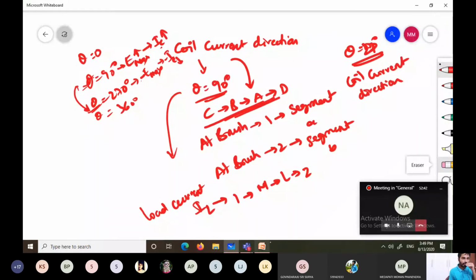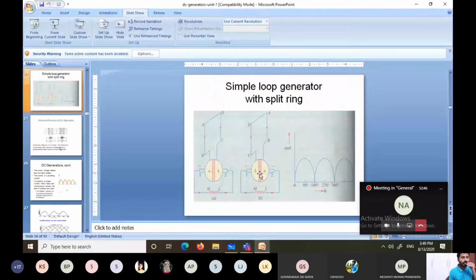Now observe figure B. See the coil side.